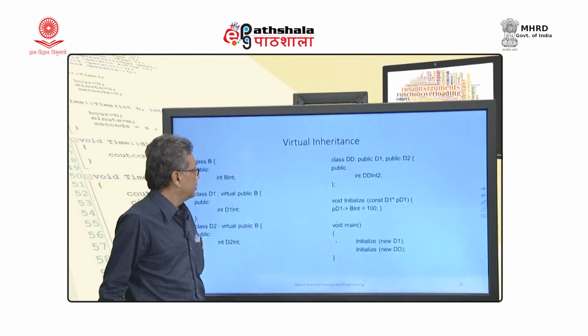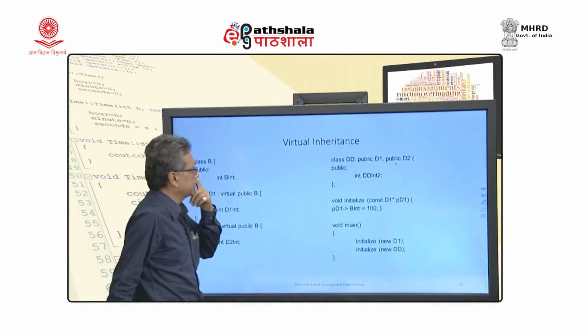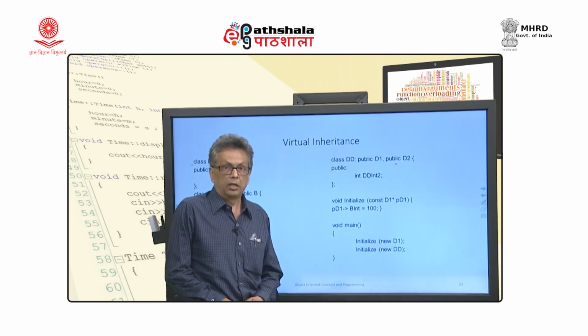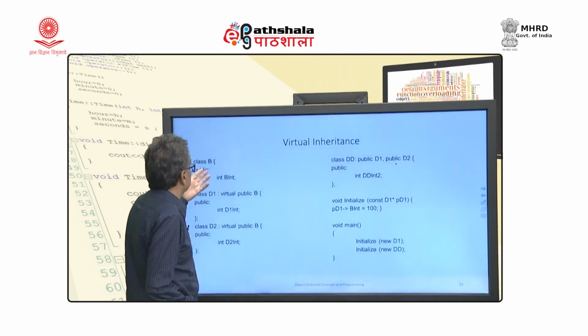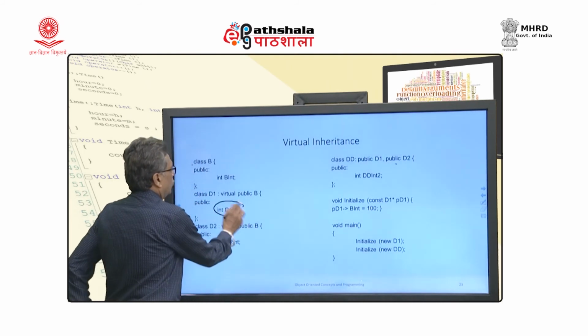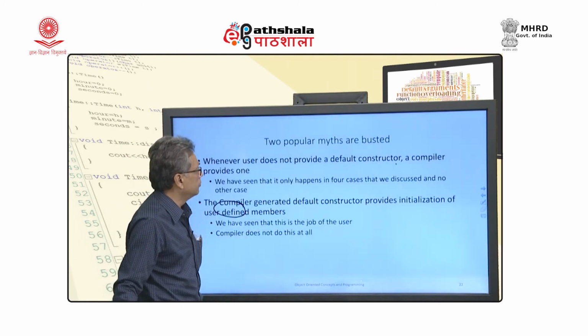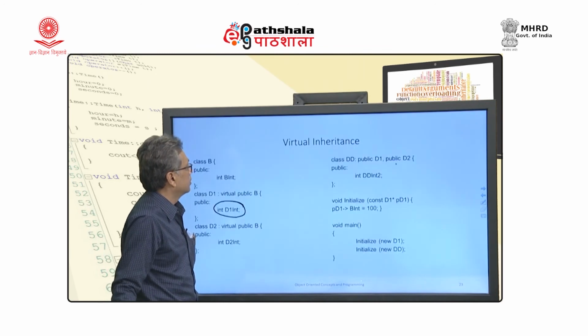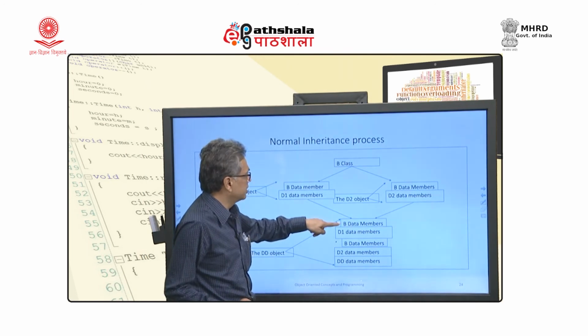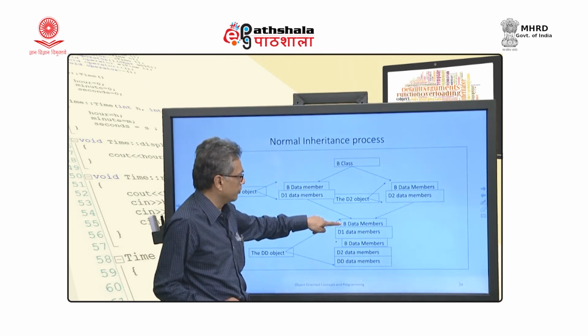Okay. So, we have something, for example, I am calling initialize with new D1 and new DD. There is something called D1 int, which is part of it. Here is d int which is part of it.